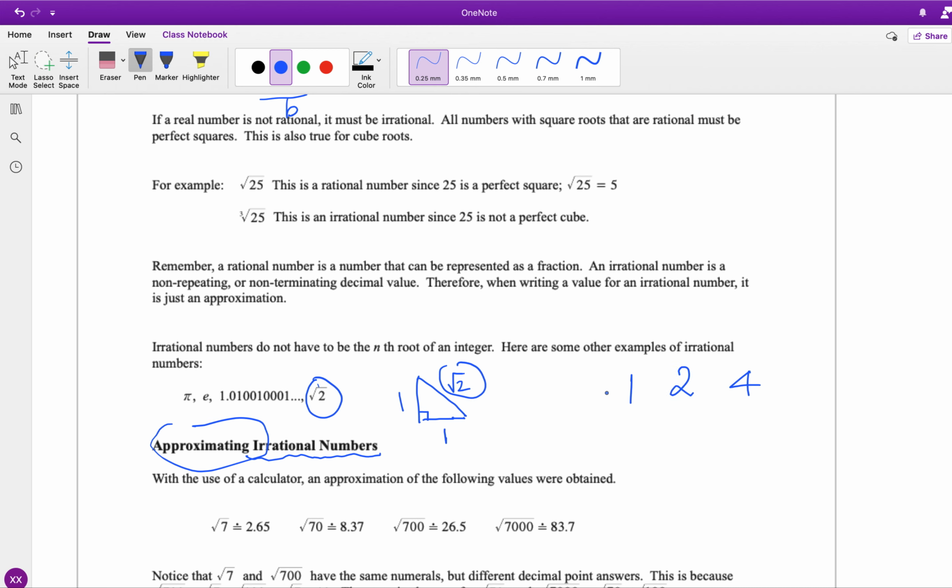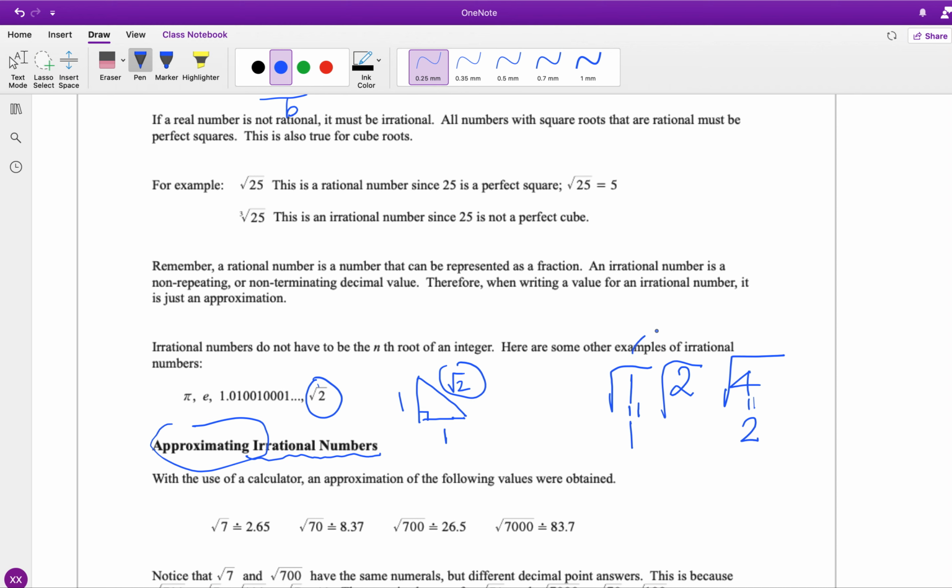If we give each a radical sign, the root of 1 is 1 and the root of 4 is 2. So the root of 2 is somewhere in between 1 and 2, but much closer to root of 1 than to root of 4.